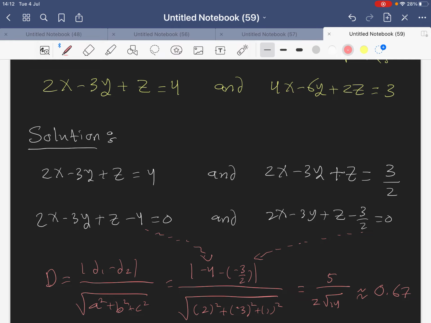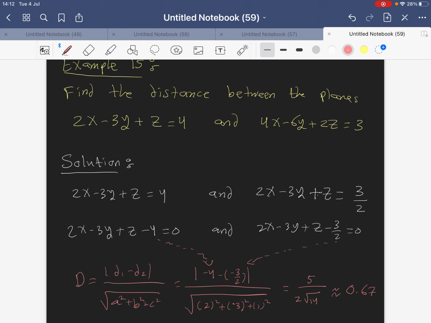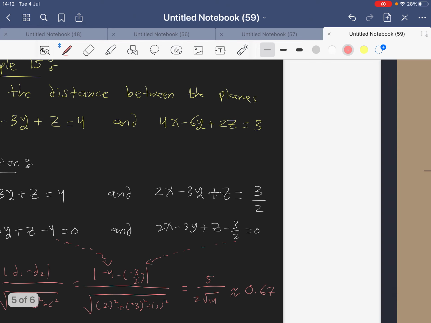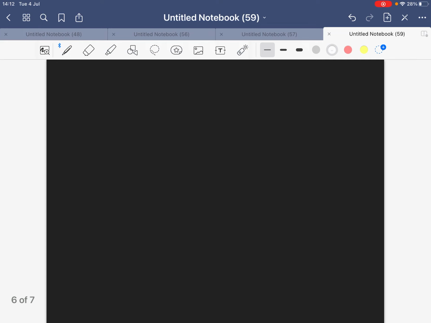And that's the idea. Of course, we can use this formula to find the distance between two skew lines. So I'll just write the idea here for the skew lines: distance between two skew lines.